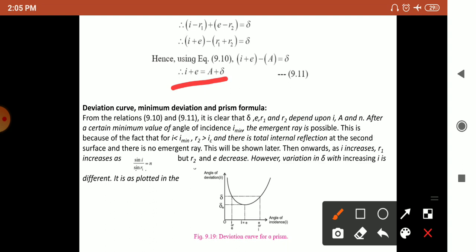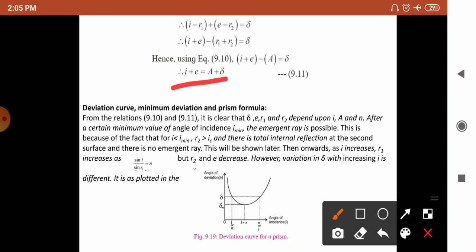From this we can say that this delta, E, R1 and R2 all depend upon angle of incidence, angle A and refractive index. So only above a certain minimum value of angle of incidence is the emergent ray possible.